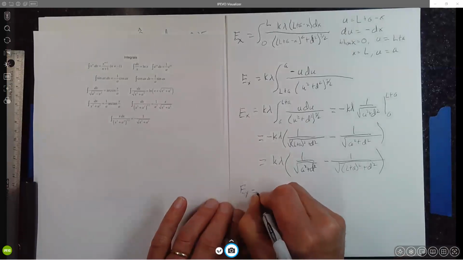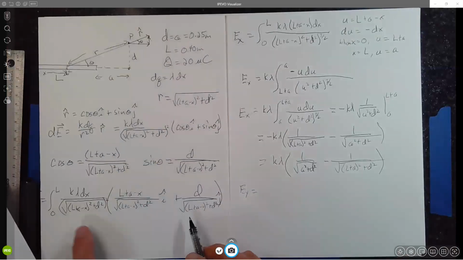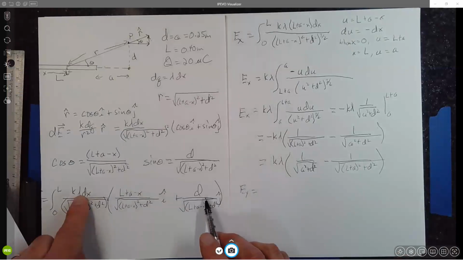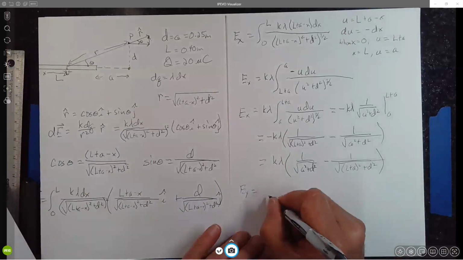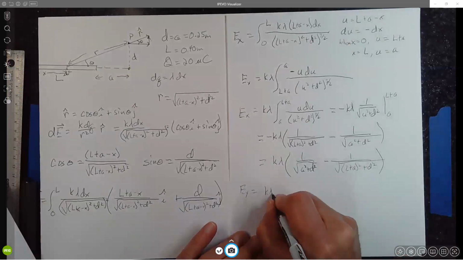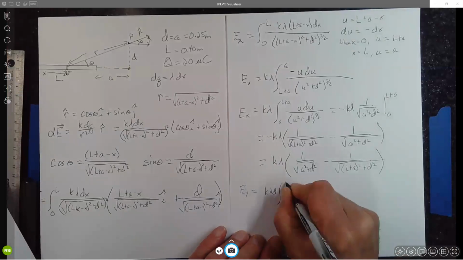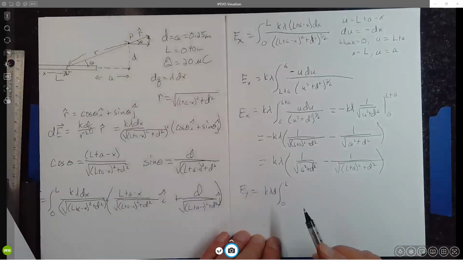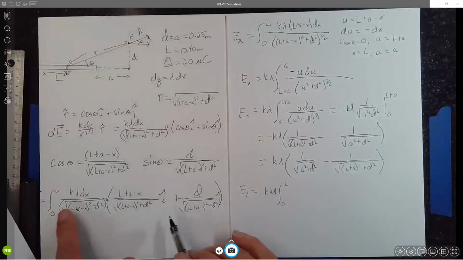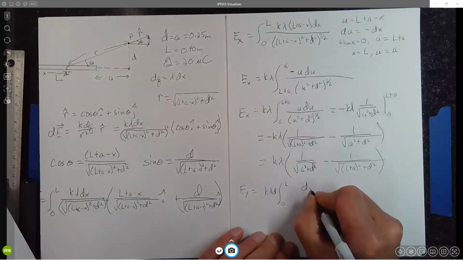E sub y will equal, let's see, pull it off over here. I'll have for it k lambda d, and those are all constants, so I can pull them out of the integral. K lambda d times the integral from 0 to L of, I took care of everything in the numerator. I'll just have a dx on top of this one.